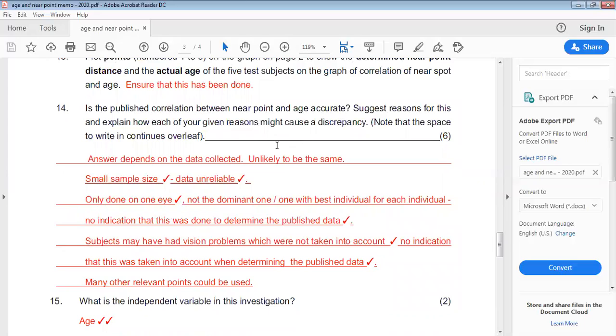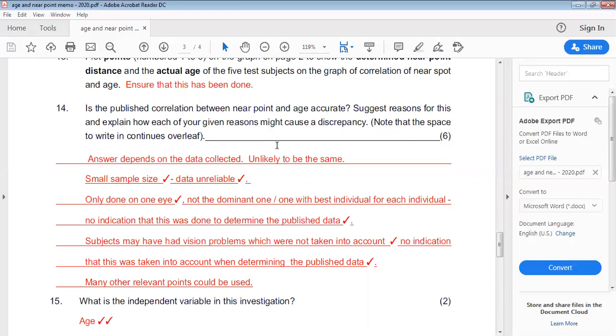Now, this is a higher order question that you must make sure that you learn how to get correct. Is the published correlation between near point and age accurate? Suggest reasons for this and explain how each of your given reasons might cause a discrepancy between your readings and the actual published readings.